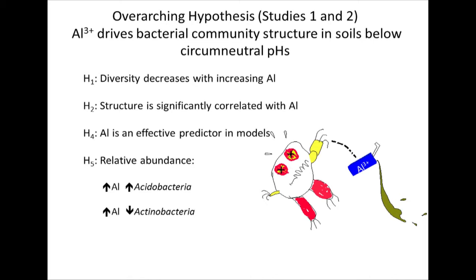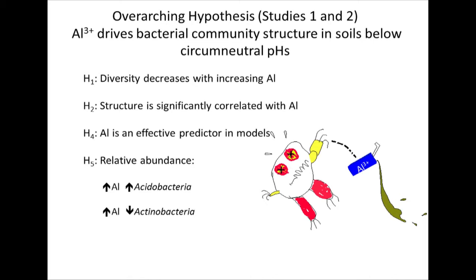Briefly, we anticipate that with increasing aluminum, diversity will decrease. We also expect strong correlations between aluminum and bacterial community structure. And in attempts to model systems, we anticipate that aluminum emerges as an effective predictor.